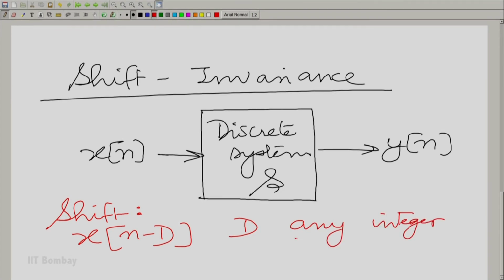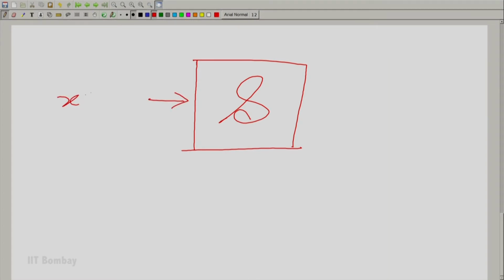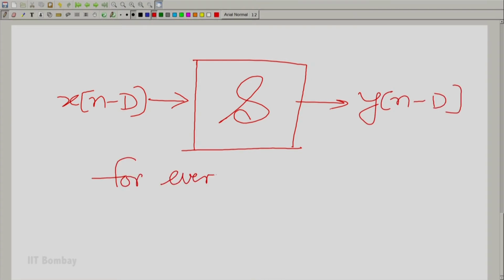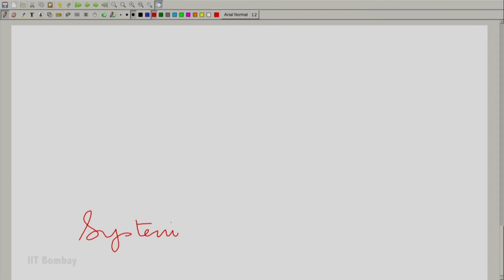This is important, it has to be an integer. We ask what is the output in that case, and if it is true that S, when given x of n minus d, produces y of n minus d for every possible x and every possible d. This is very important. Then we say the system is shift invariant.